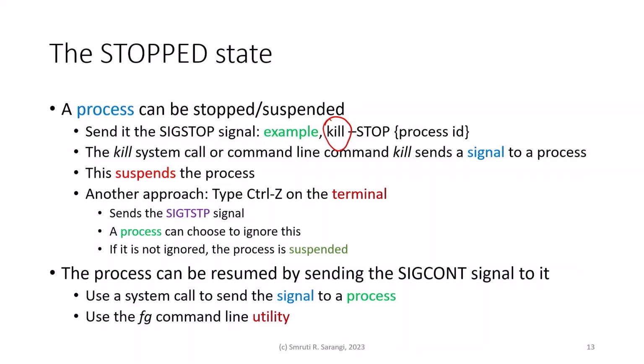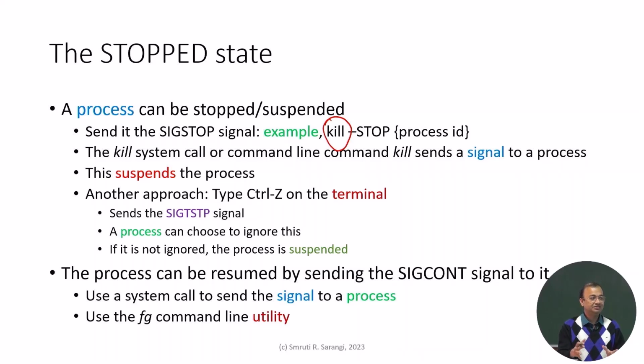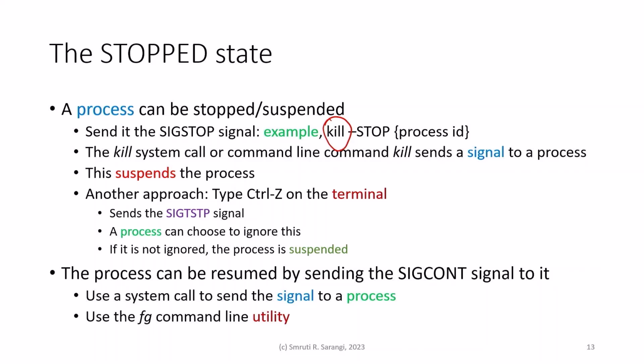You give the process ID, which is a number, and you tell it to send a signal. The moment I send stop to a process ID, of course I can't stop a kernel process if I'm a user, but if there is another process which I have run, I can stop it in its tracks.